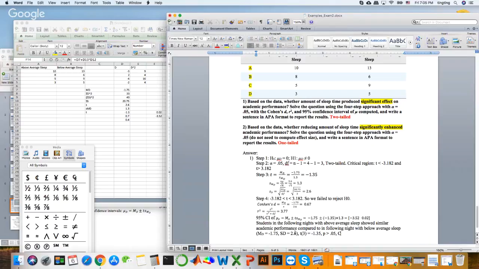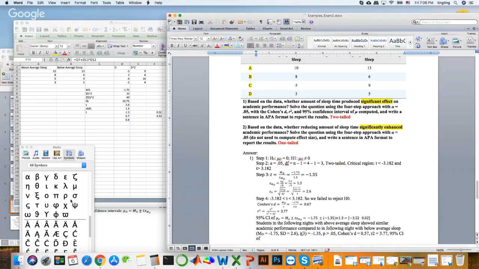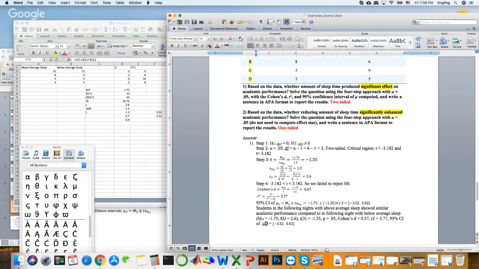And then we report the Cohen's d, R squared, the 95% confidence interval. That's it.